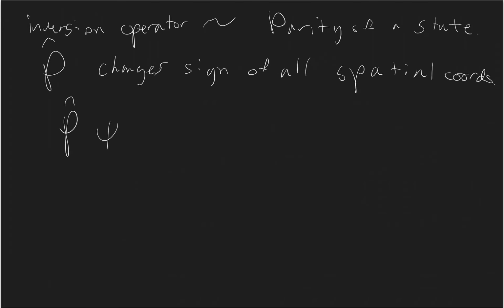So there's some symmetry happening here. If we have P hat acting on psi of r, this should just change the sign of all the coordinates. And if we apply the operator twice, it'll return the original function, of course. So we essentially can just arrive at this.